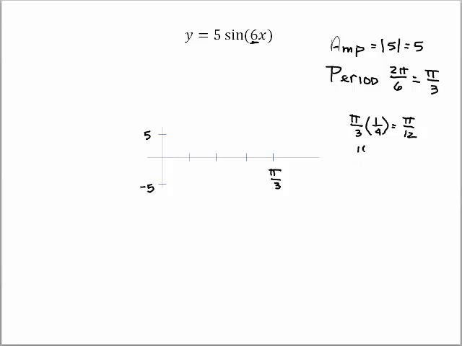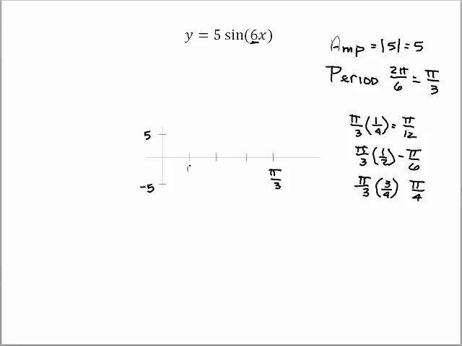Now I'm sure you can guess pi over 3 times 1/2 is pi over 6. And how about that last one? Pi over 3 times 3/4 of the length, or 3/4 of the wave, would be pi over 4.